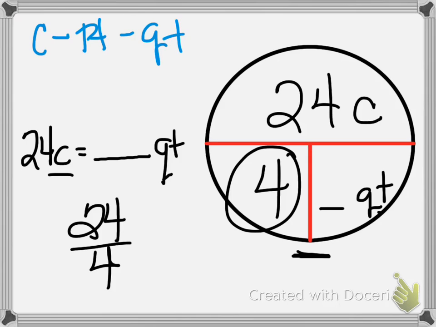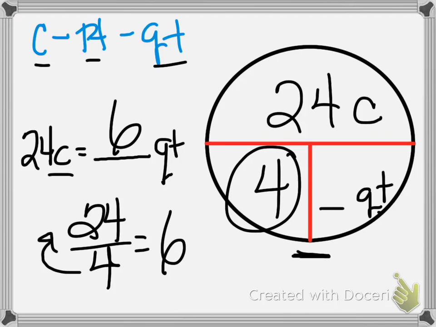We've talked about how to simplify fractions, and here I have an improper fraction. How many times can 4 go into 24? And you would tell me 6. So 24 cups equals 6 quarts. That's how we would do it if I have to go through more than one step.